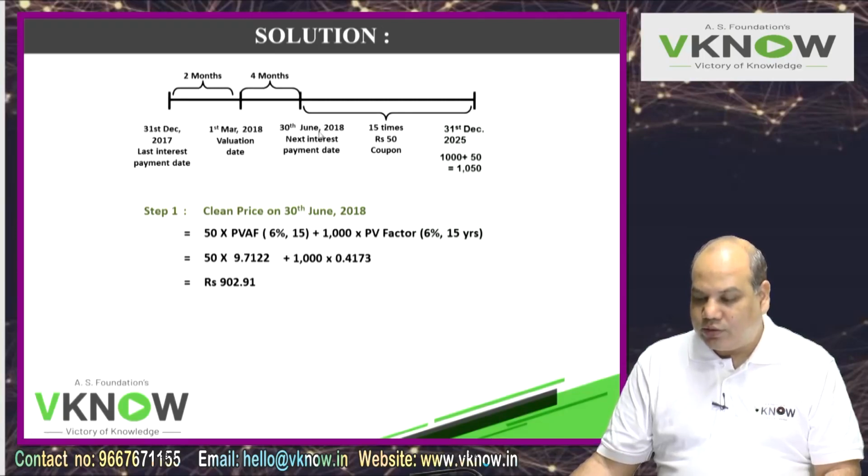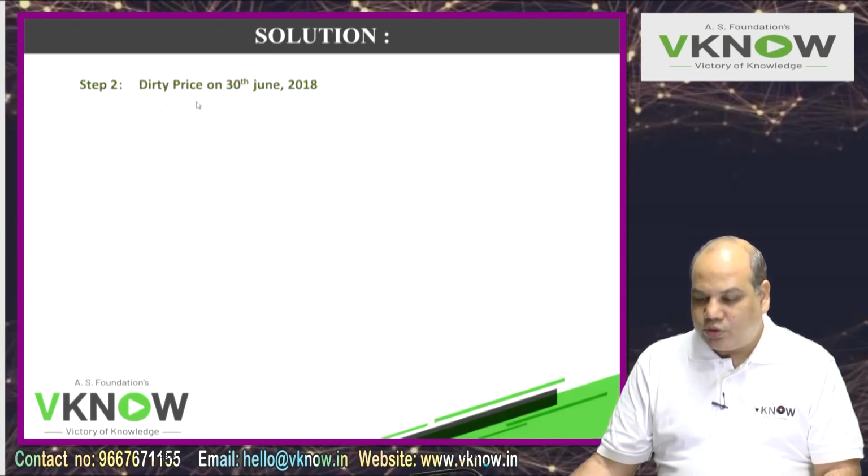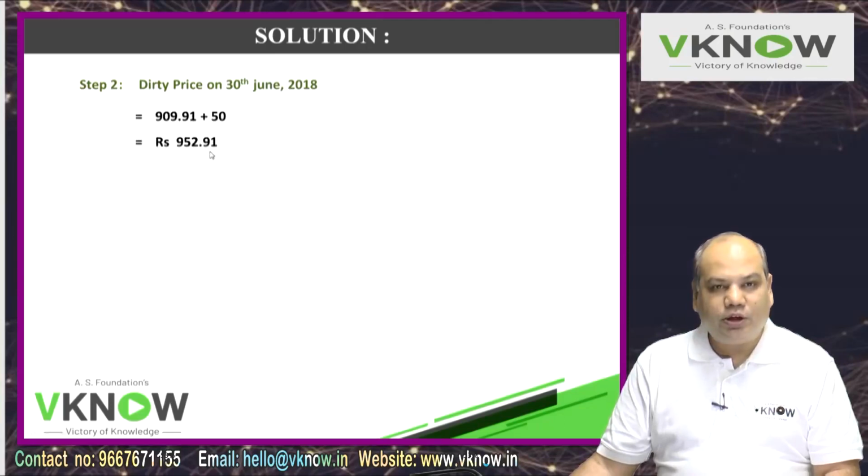So write down next line. Step 2, dirty price on 30th June 2018. So that is equal to your clean price plus 6 months interest. So 952.91. This includes interest.